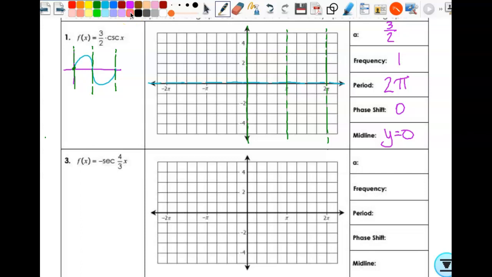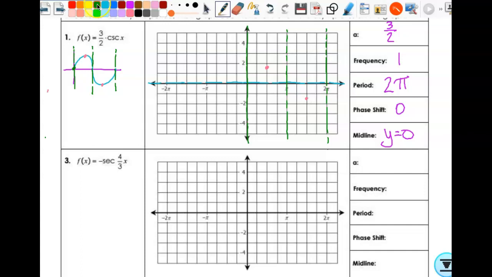Halfway between these two asymptotes, on sine, I would go up 1. I don't have a reflection, but I do have a stretch of 3 halves. So instead of going up 1 from the midline, I go up 3 halves. So halfway between these two, from the midline, I go up 1.5. Halfway between these two, I go down 1.5. Okay, then I just repeat.